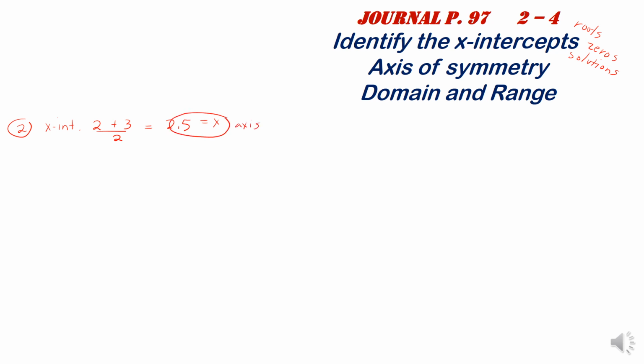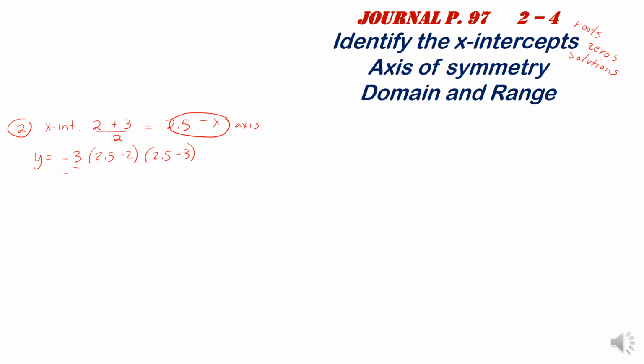Now I take that point and I plug it into that equation. So y equals, because I need the y for my vertex, y equals negative 3 times 2.5 minus 2 times 2.5 minus 3.